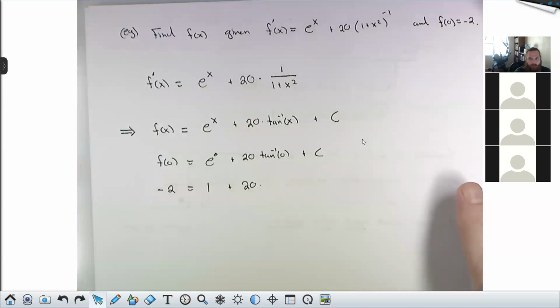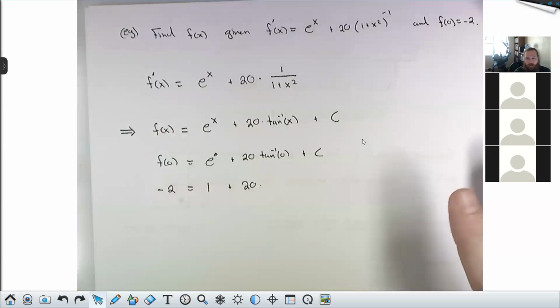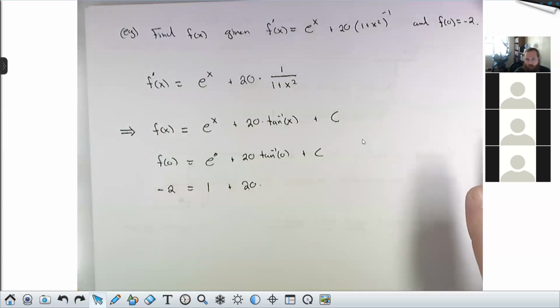I know this inverse trig stuff catches a lot of folks out. What angle between -pi/2 and pi/2 has tangent of that angle equal to 0? Think about your unit circle.